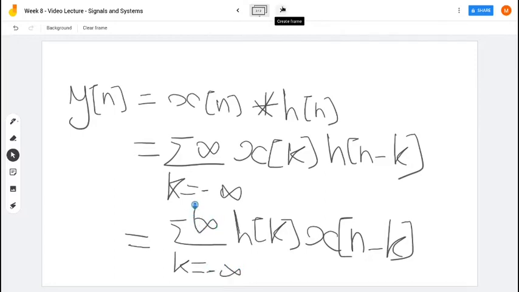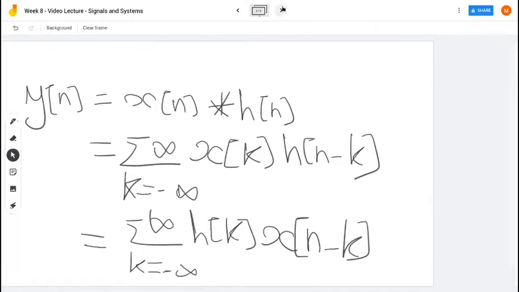This is the definition of the convolution.